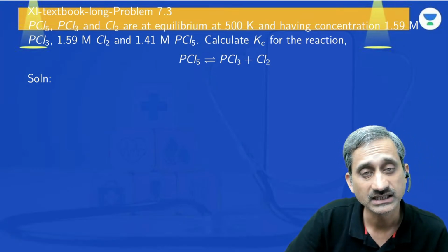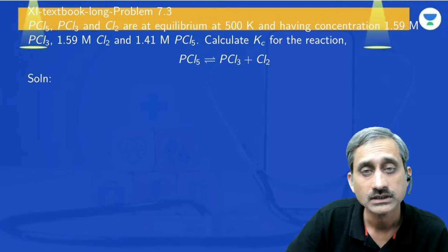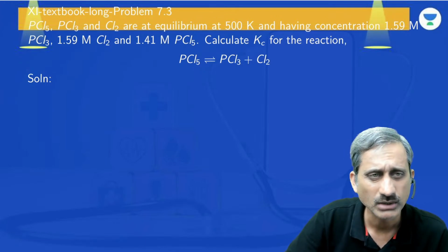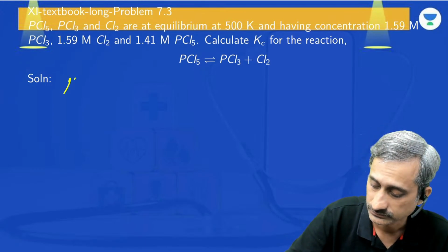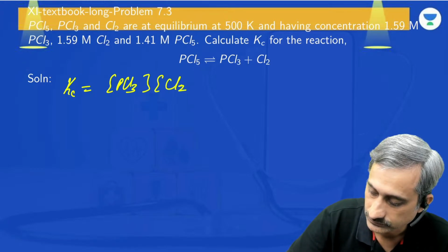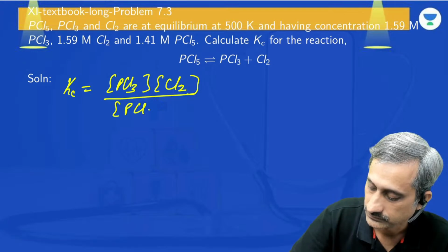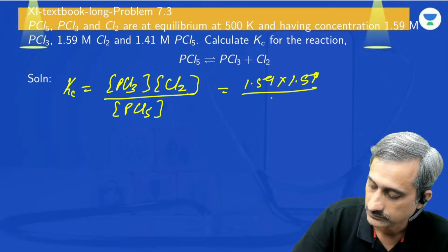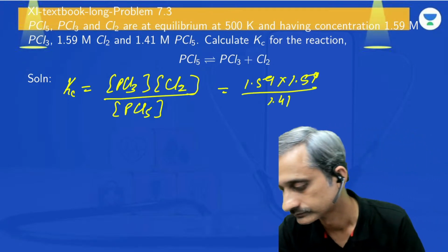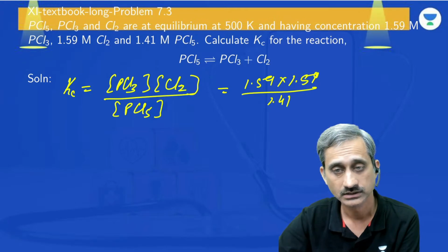PCl5, PCl3, and Cl2 are at equilibrium at 100 Kelvin and have the concentrations 1.59, 1.59, 1.41. Find Kc for the reaction. Should not be a problem. Okay. Here Kp is not equal to Kc. Delta Ng is 1.